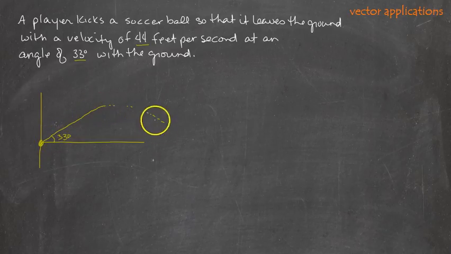Even though the soccer ball keeps going, we can imagine that the soccer ball is really just a result of the vector 33 degrees from the horizontal and a magnitude of 44 feet per second. So we can really resolve the action of a soccer ball in space to a simple right triangle.